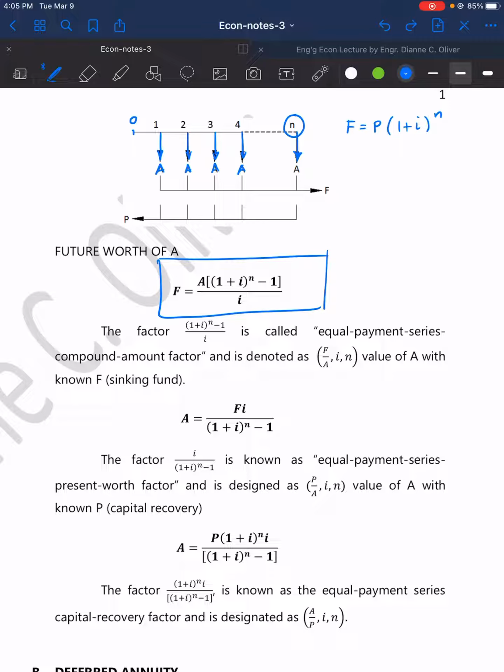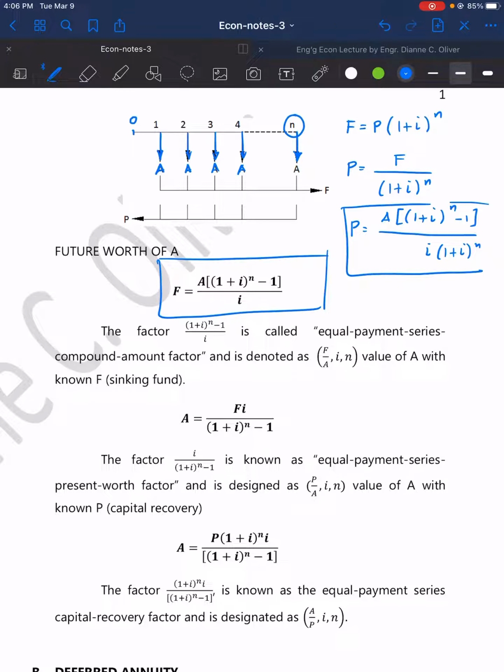So we have P is equal to F all over 1 plus I raised to N. So P now is equal to, the value of F is A times 1 plus I raised to N minus 1 all over I, so all over I, then 1 plus I raised to N. So that is the formula for the present worth.